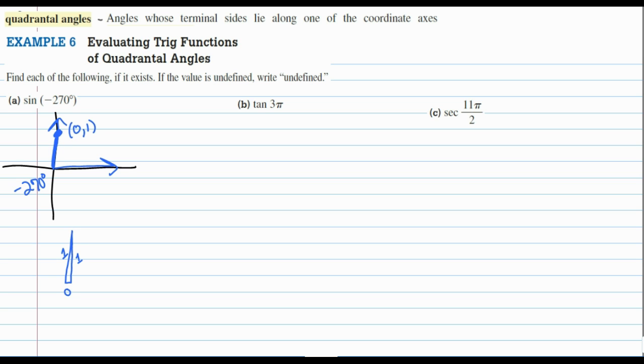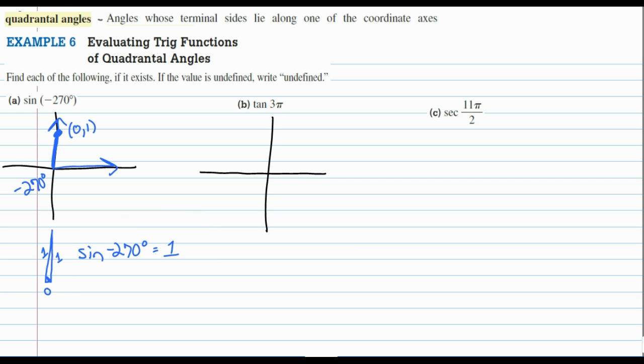If we're trying to find the sine of negative 270 degrees, you're looking at the opposite over hypotenuse, which would be 1 over 1. Your reference angle would be down here in the corner. So opposite over hypotenuse, 1 over 1, that would be 1.